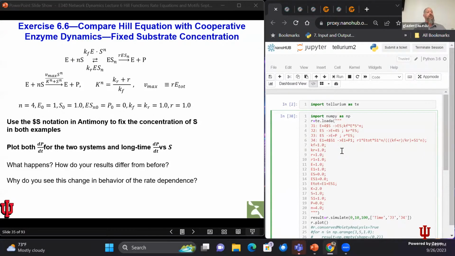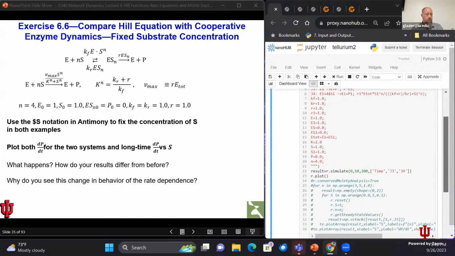What happened? You can start with the code that I put in the chat, or if you had your own code, that's fine. It just looks like the rate of J4 stays constant. Okay, so what do we get?